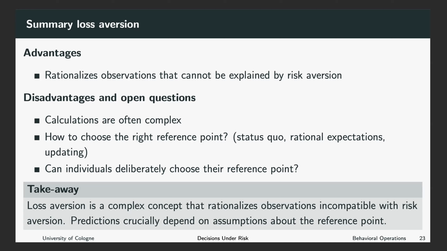Another question that comes up when you think about reference points is, can individuals deliberately choose their reference points? As you've seen, loss aversion assumes that you suffer when the outcome is worse than your reference point.